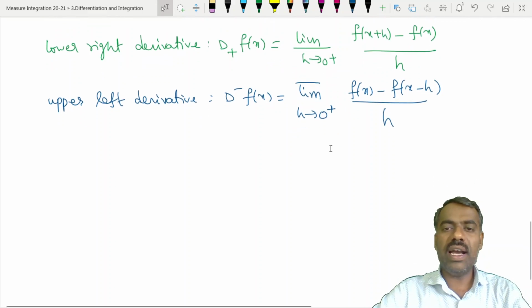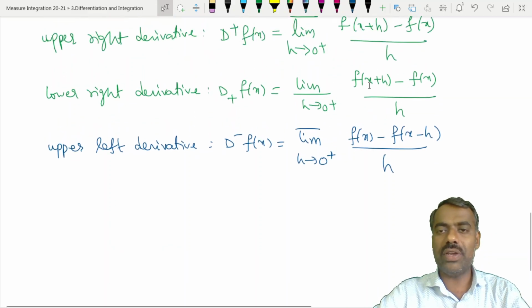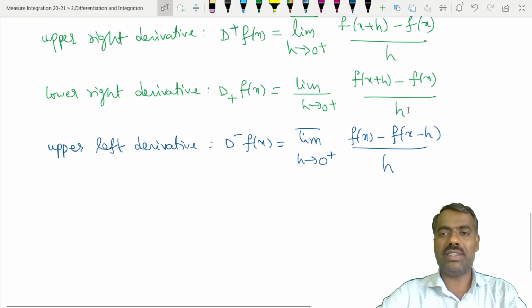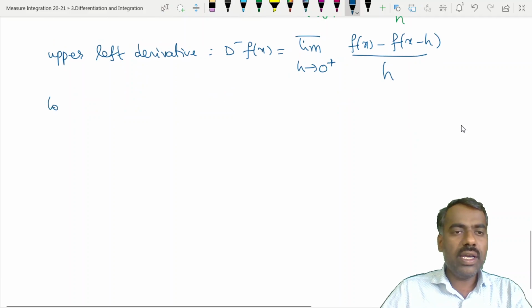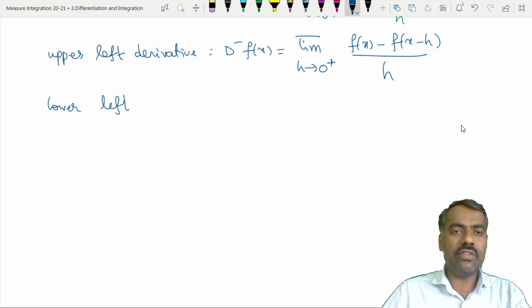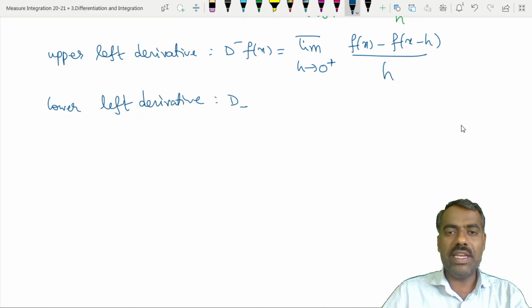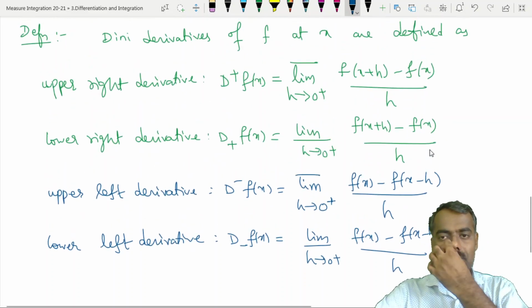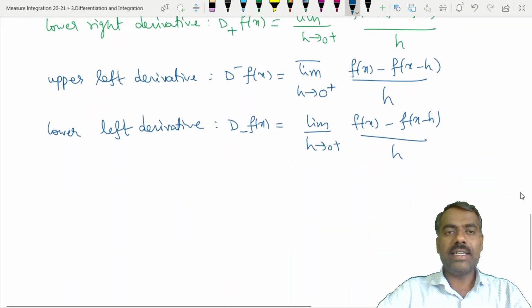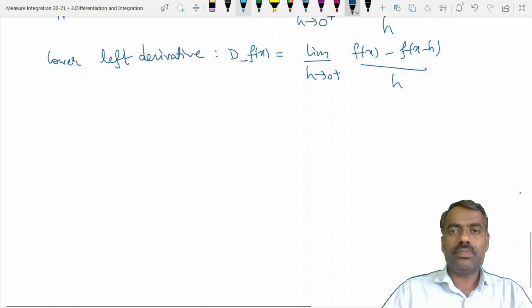Or if you write h tending to 0 minus, then it is f of x plus h minus f of x upon h. And the fourth one is the lower left derivative of f at x, denoted by D minus f of x, which is equal to the lower limit as h tending to 0 plus of f of x minus f of x minus h upon h. These four derivatives we can define.